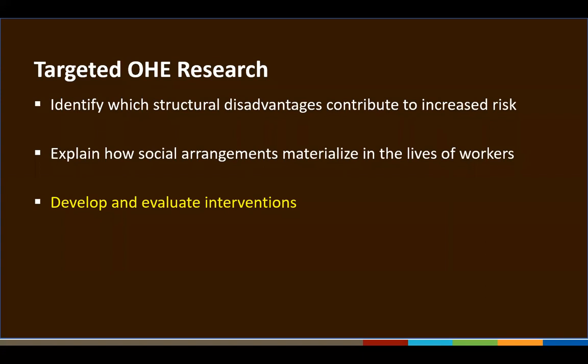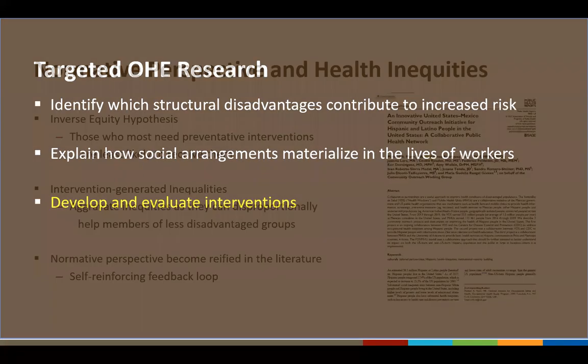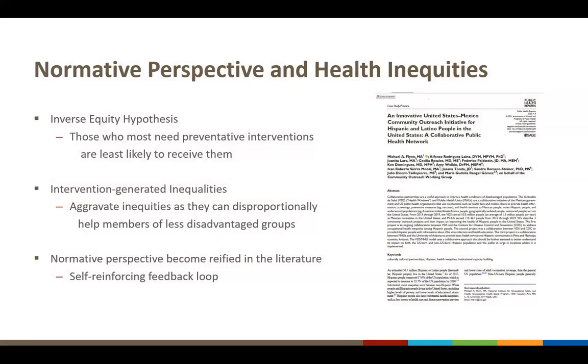Now, the third general area of the occupational health research that we focus on is developing and evaluating interventions to address the structural barriers to safety at work, and to try and help mitigate some of the health inequities that we find. So as I mentioned earlier on, the same social structures that contribute to health inequities also operate within the way our organizations work.